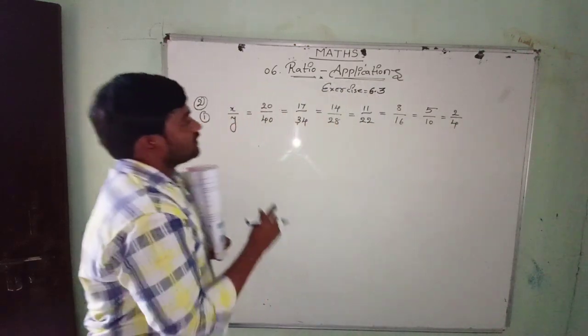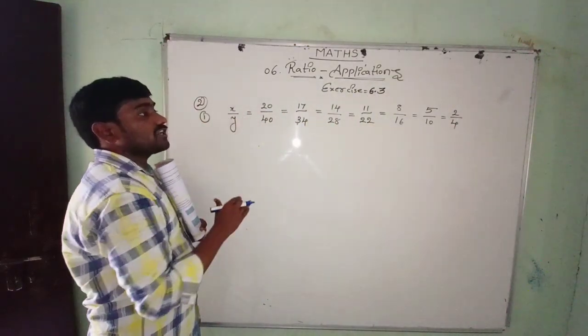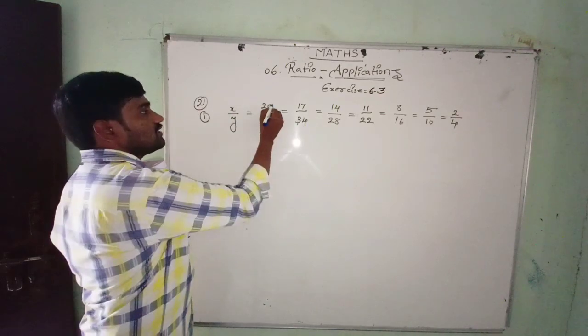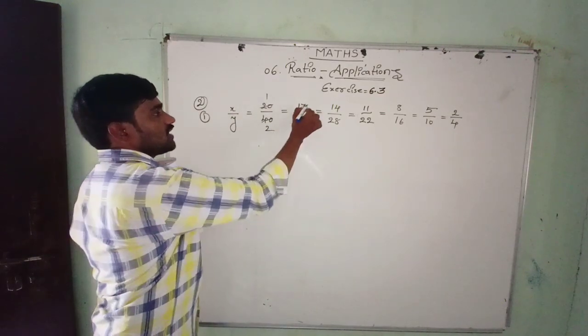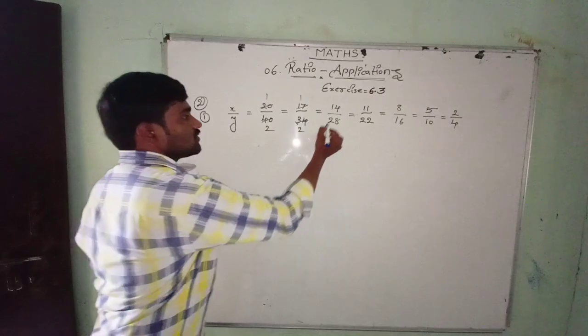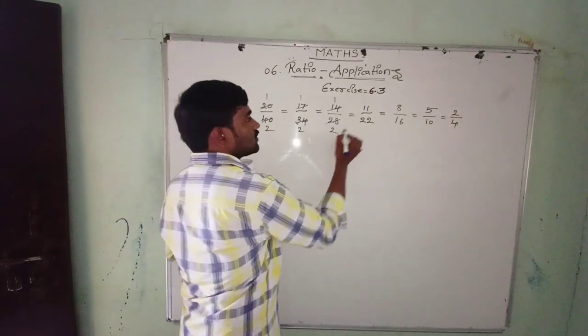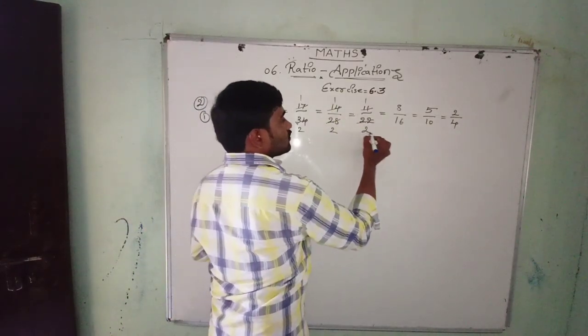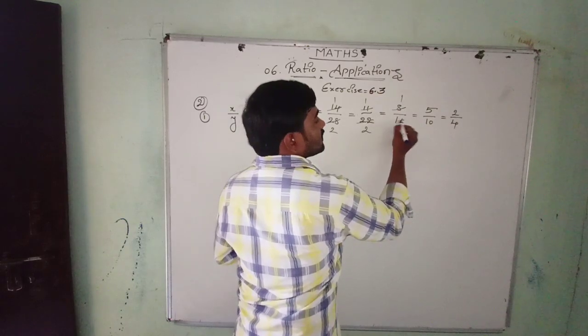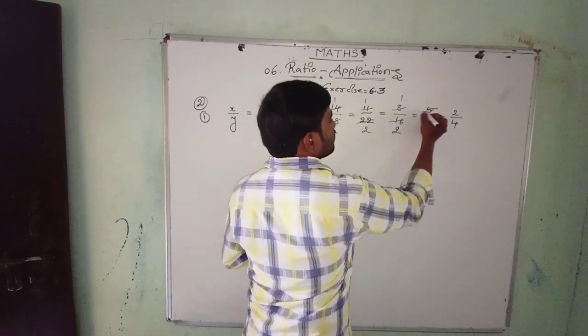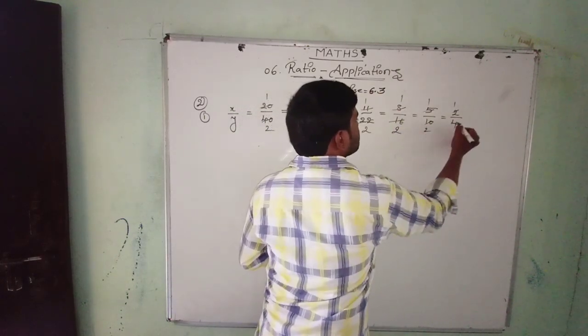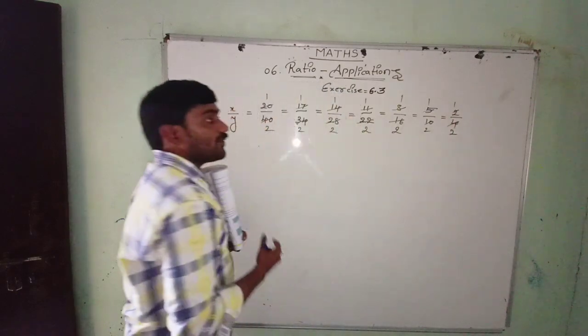See, all these are x directly proportional to y. How can I say? See, 2 ones are 2, 2 twos are 4; 17 ones are 17, 17 twos are 34; 14 ones are 14, 14 twos are 28; 11 ones are 11, 11 twos are 22; 8 ones are 8, 8 twos are 16; 5 ones are 5, 5 twos are 10; 2 ones are 2, 2 twos are 4. What did you observe?